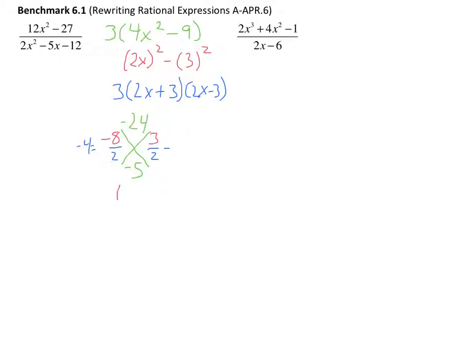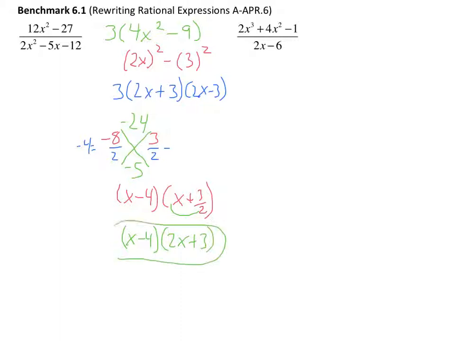Well, you take each piece, so you have the x minus 4, and you have the x plus 3 over 2. Alright, and then what I do is I take this and bring it right in front. If there is a denominator left, you bring it right in front. So that would be x minus 4, and the 2 went in front, so that's 2x plus 3. Alright, so this right here is my bottom, and this right here is my top.